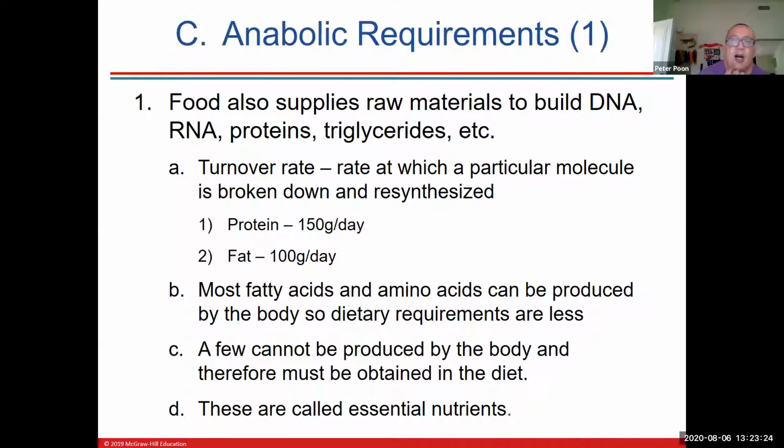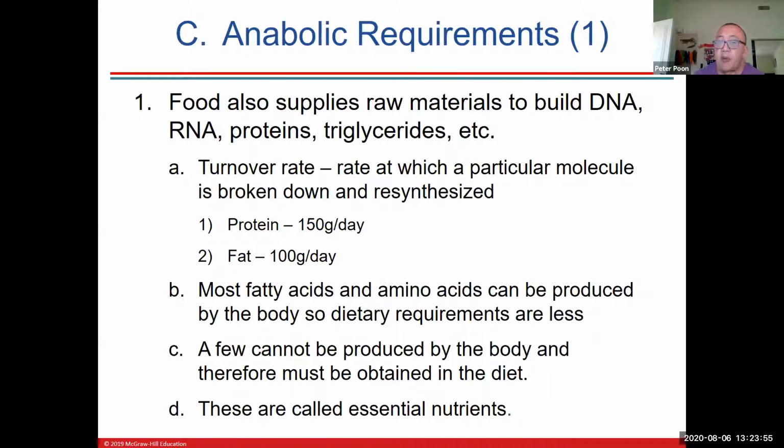Food also contains raw material to build DNA, RNA, protein, triglycerides, etc. The turnover rate, the rate at which a particular molecule is broken down and resynthesized: protein, 115 grams a day, fat, 100 grams a day. So most fatty acids and amino acids are produced by the body, so we can recycle a lot of that.